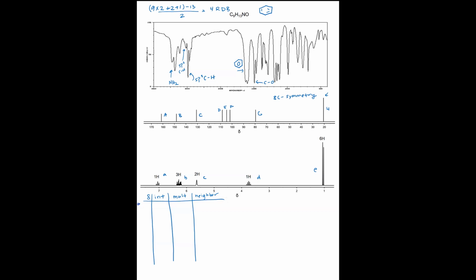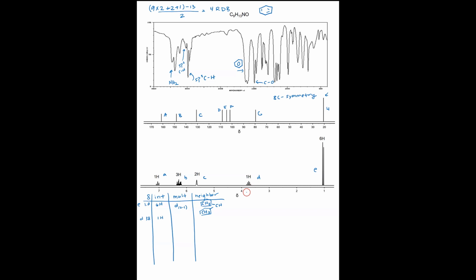so for E, that's around 1, 6H, doublet. This is CH3 next to a CH. We can't have 6 hydrogens on the same carbon, so it's probably 2 CH3 groups. This is the 2 minus 1. The next one is D, down at 3.8. And I'm going to observe also here that this is very far upfield.